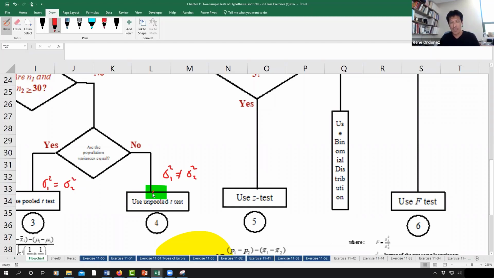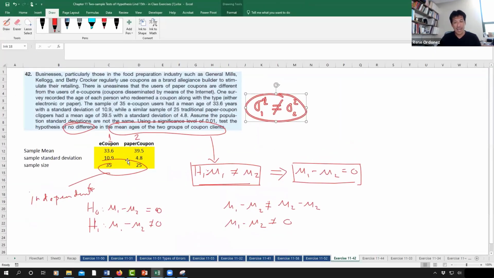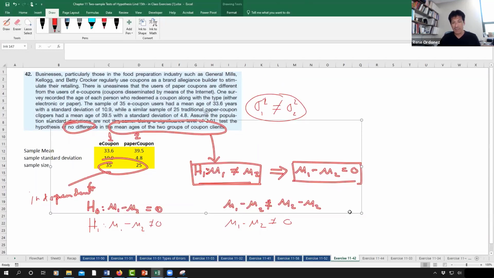So for this problem, we will be using the unpooled t-test. Let me go back here. I want to copy all this information.